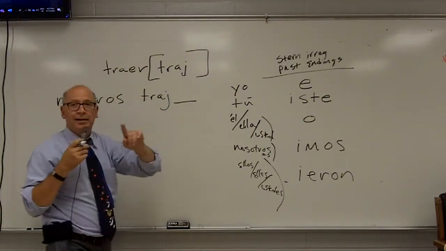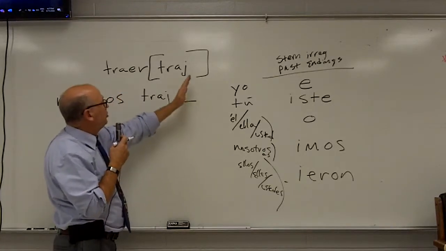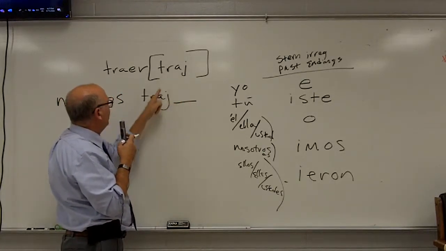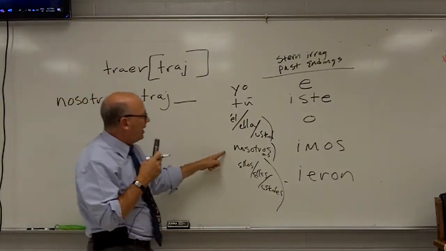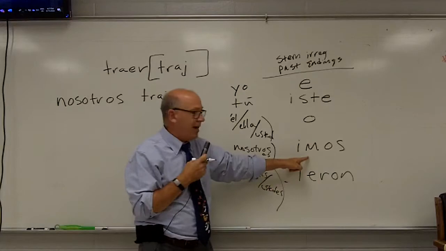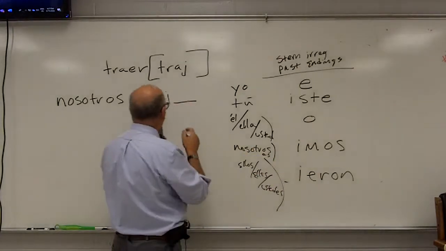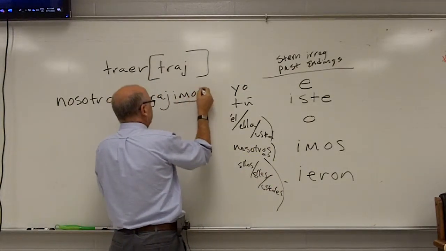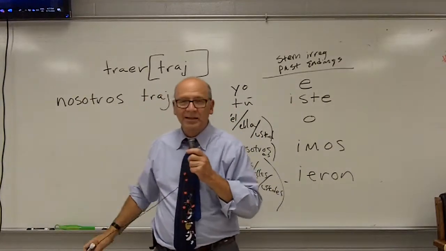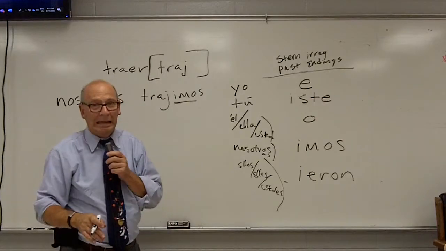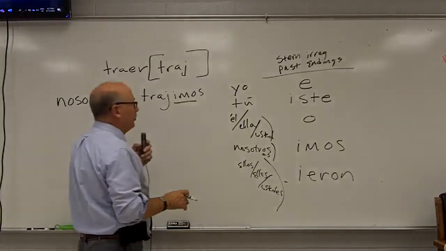No. For this category, you start with the stem T-R-A-J. And the we, brought, we. What's our ending? I-M-O-S, trajimos. Very good. Nosotros trajimos los perros calientes al picnic, okay? A little Spanglish there.